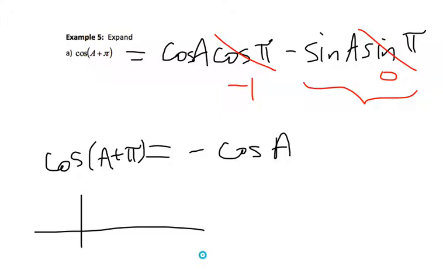So now I'm moving it pi to the left. My down point is going to be here. So I'm going to have, this is my down point coming up. Here's my pi now. So I moved it over pi to the left, but I can see that this is just a reflection of the cosine graph. It's negative cosine. So my expansion makes sense graphically as well.